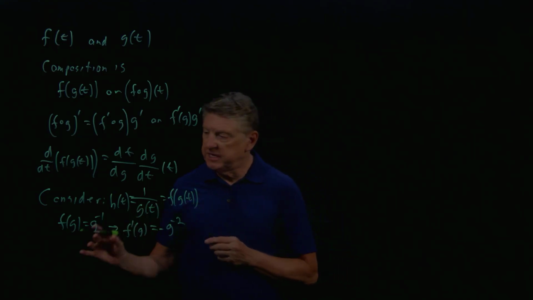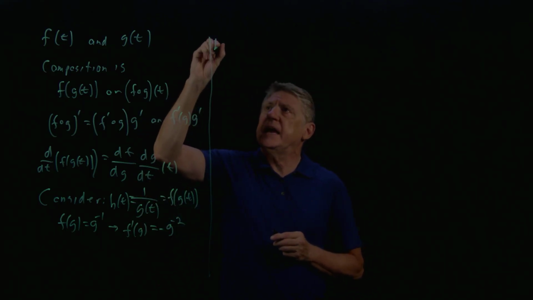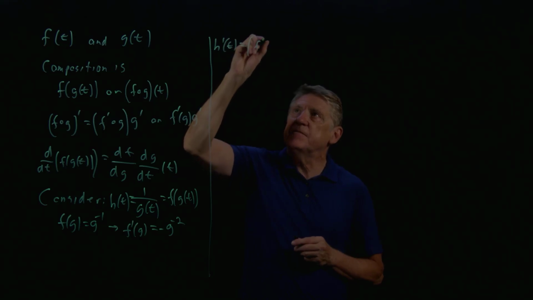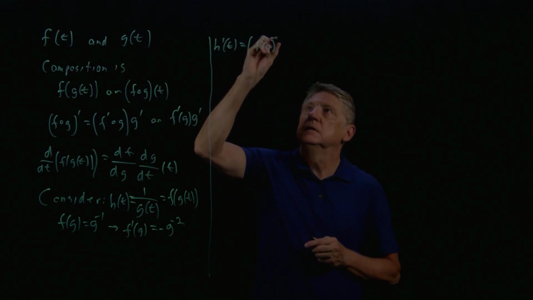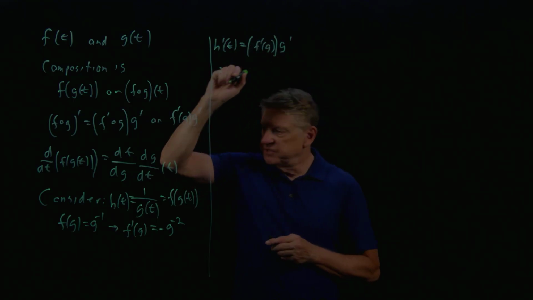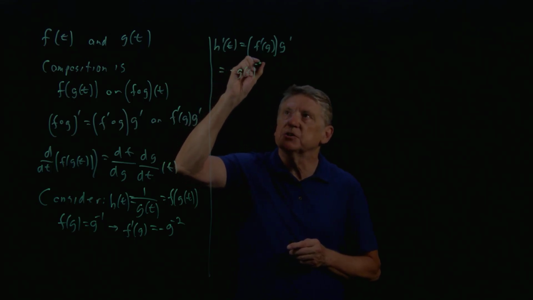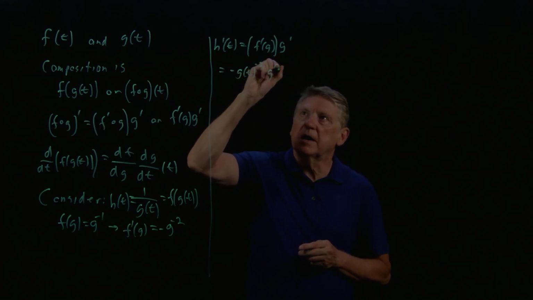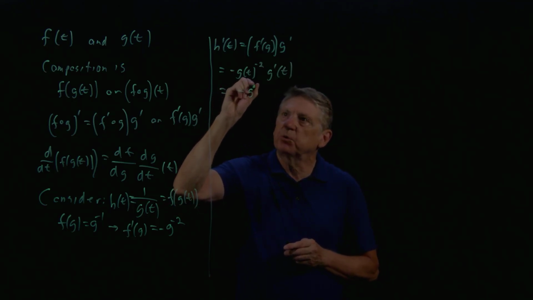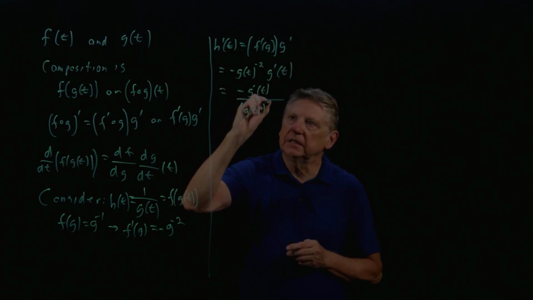And then applying the chain rule, what we get is that h prime of t equals f prime of g times g prime, and that equals minus g of t to the minus 2 times g prime of t, and that equals minus g prime of t over, let's put parentheses, g of t squared.